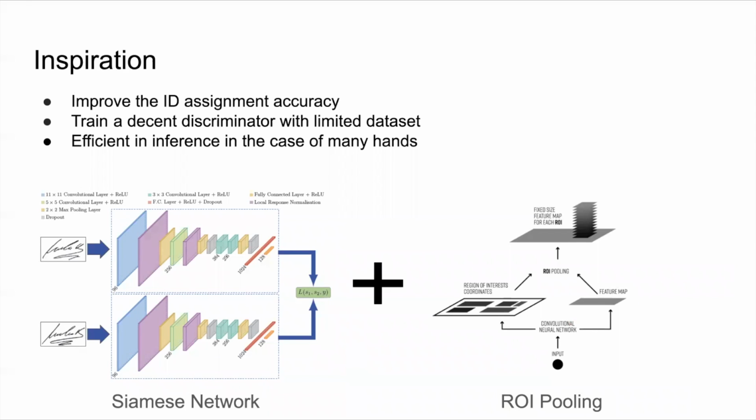One related work is Siamese net, which is used for signature verification and one-shot image recognition. Meanwhile, since there could be multiple hands in one frame, we adapt the idea of ROI pooling from Faster R-CNN and run the feature extraction only once to save computation.